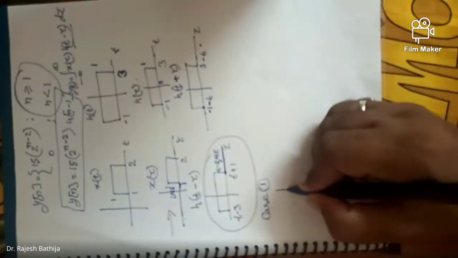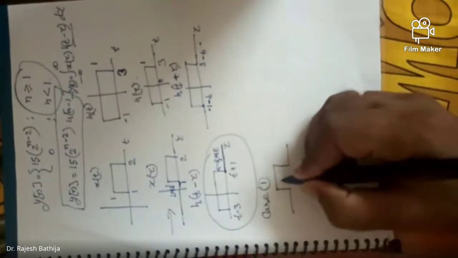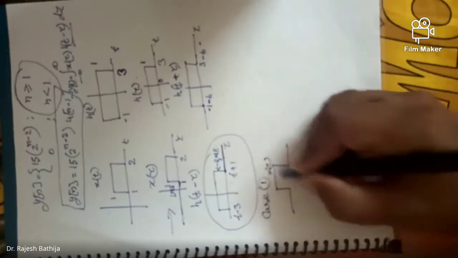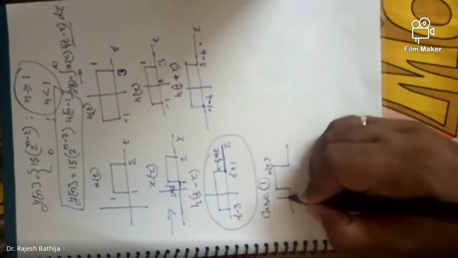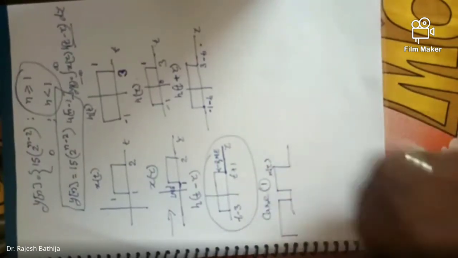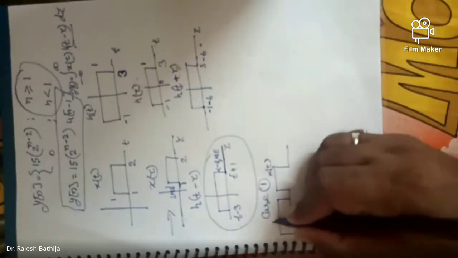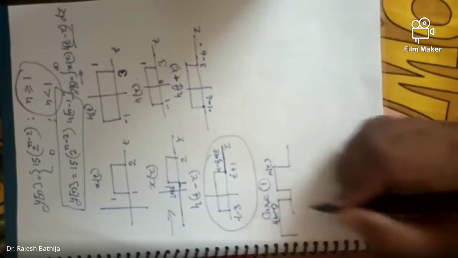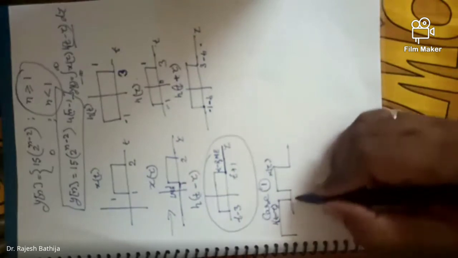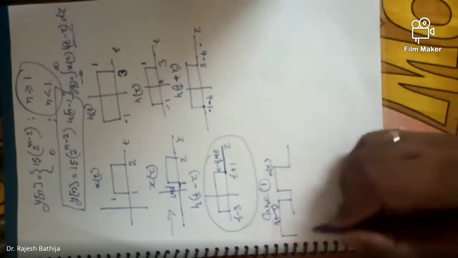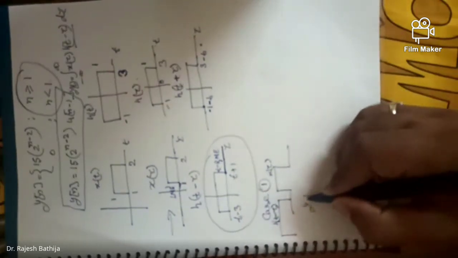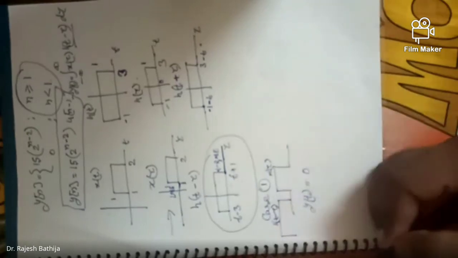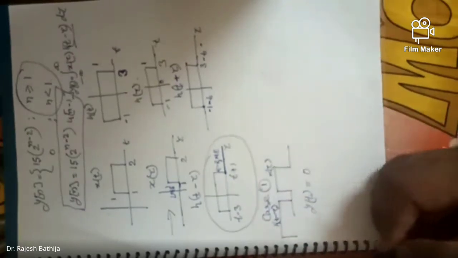So in this case, this is my x of tau and my h of tau is lying over here, right? This is my h of t minus tau. So can you not see the product of these two will be equal to 0? Is that fine?